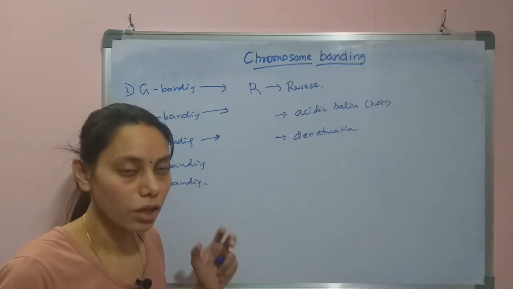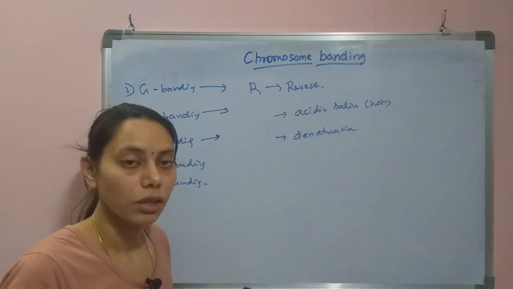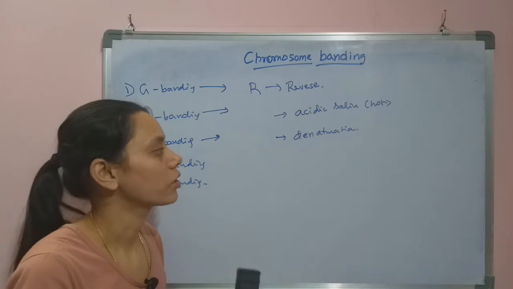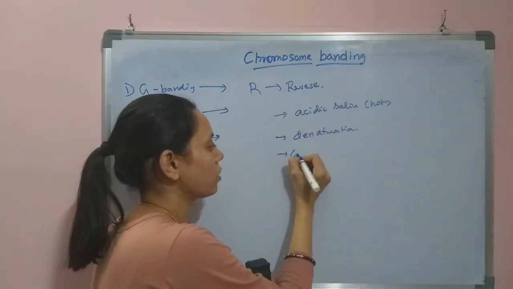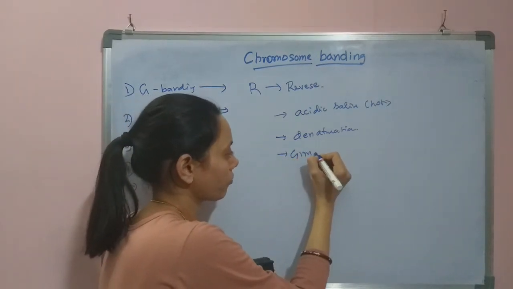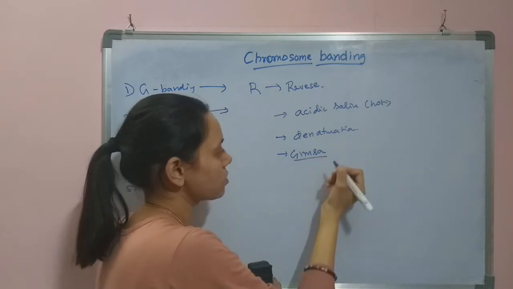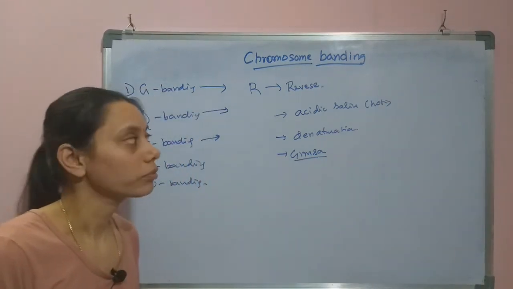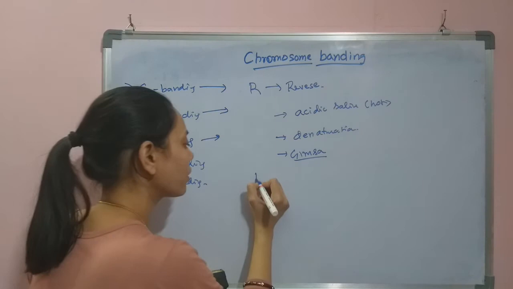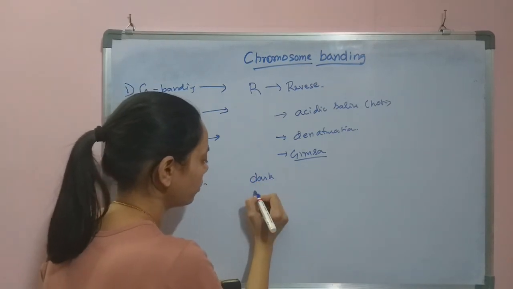And these denatured products will be treated with Giemsa dye, similar to the G banding. So here the dark and light bands will appear.